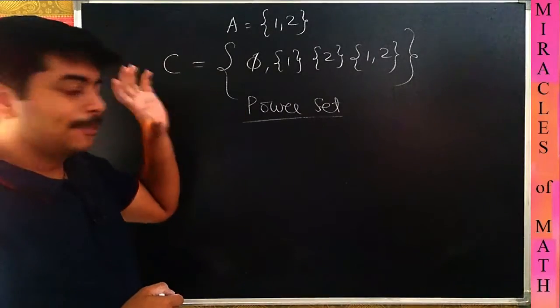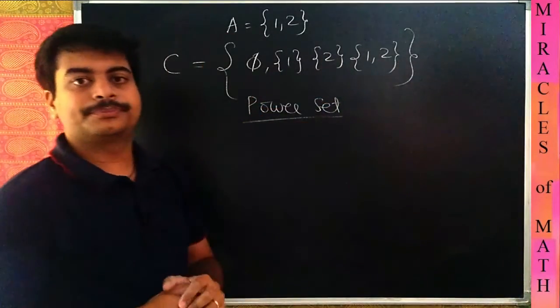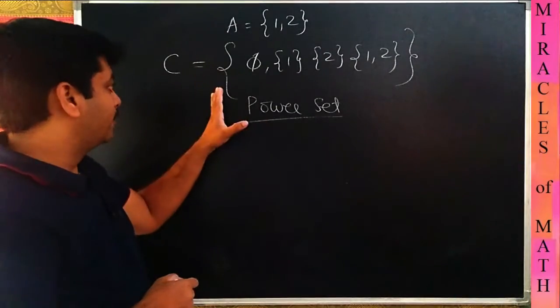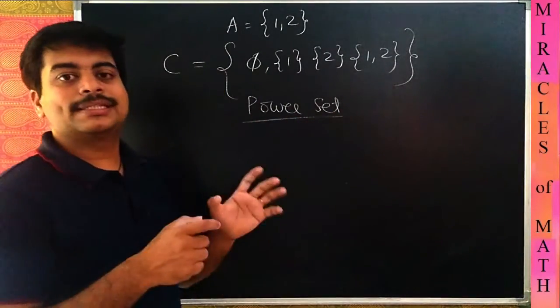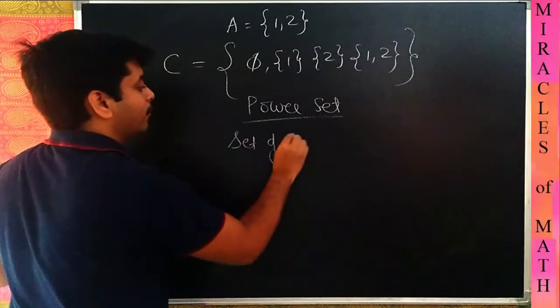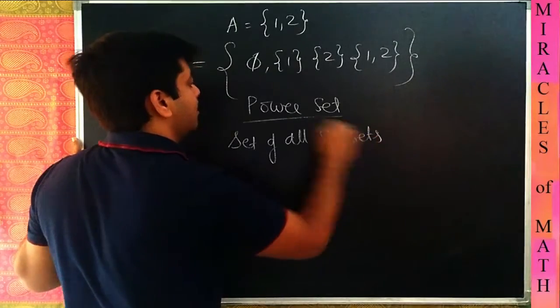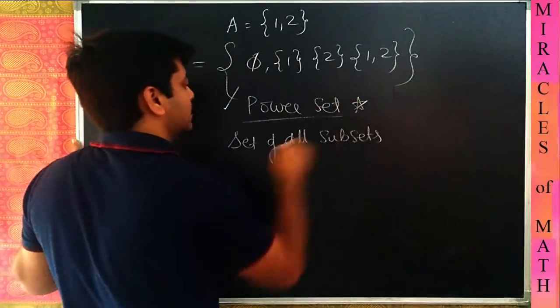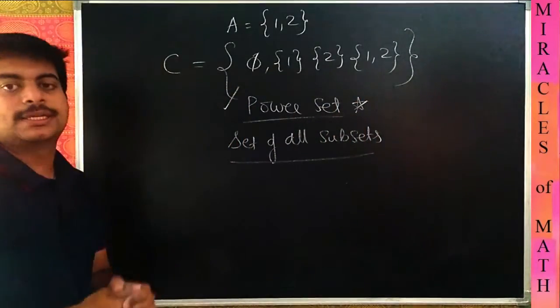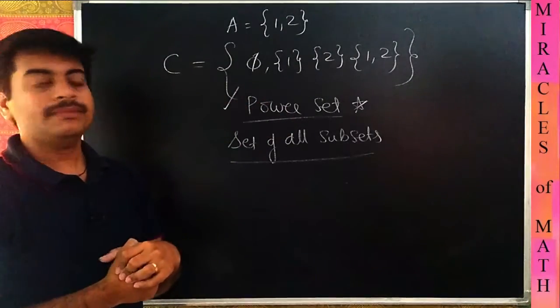When only subsets are asked, you shouldn't keep these outer brackets. That's the reason I erased the bracket earlier. When you keep the outer brackets, it means it is the set of all subsets, which is nothing but the power set.